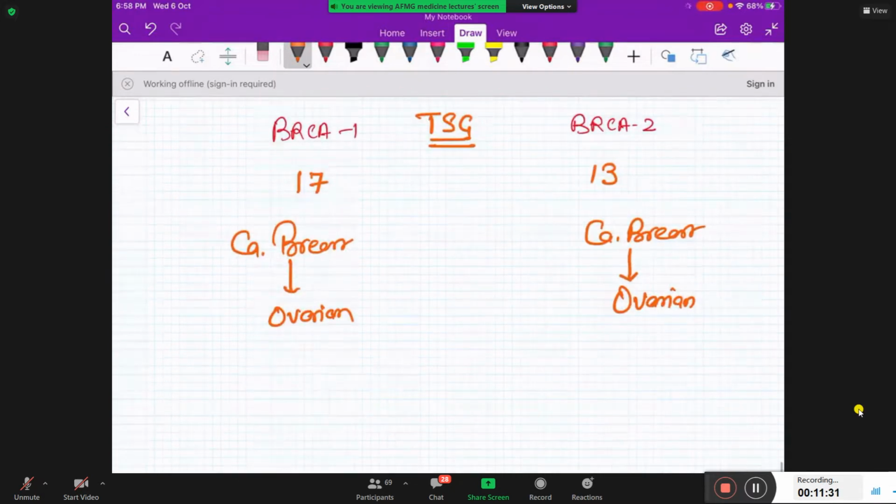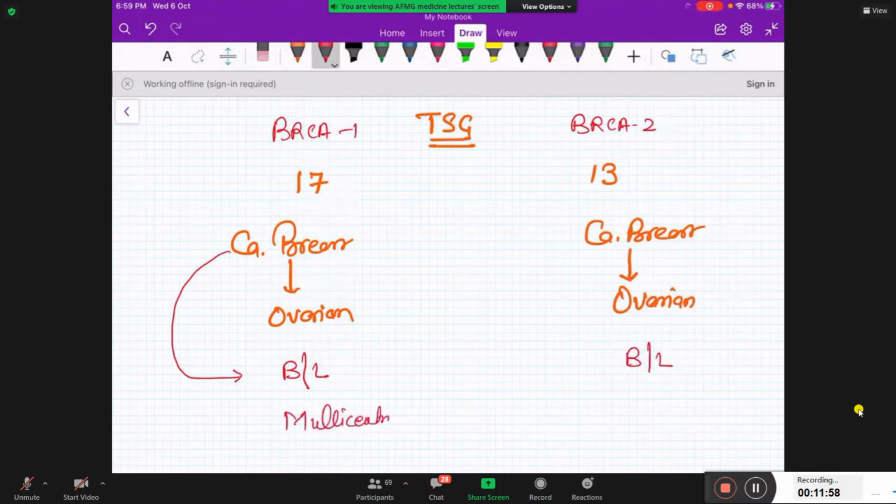Now, a very, very important point: there are certain features of the carcinoma breast which this patient develops. This carcinoma breast is commonly bilateral, commonly multicentric also.